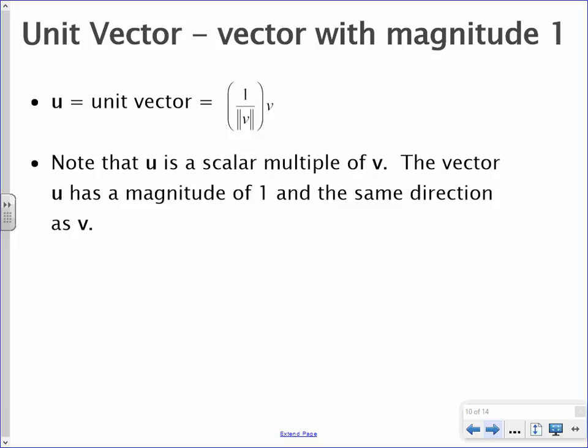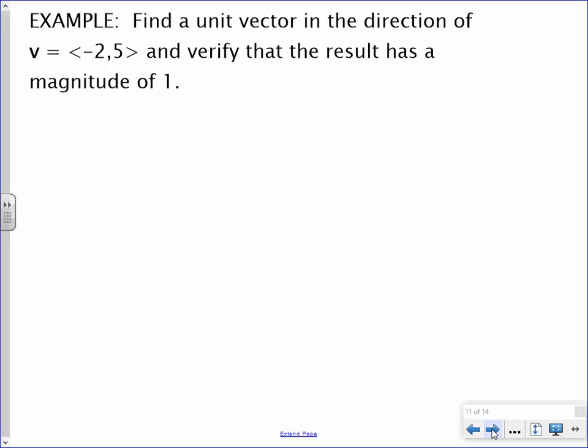So the example that we are going to work with is the vector -2, 5. So go ahead and write down v equals -2, 5. And what I want you to do is calculate its magnitude for me. Remember, I want the magnitude to be kept as a radical.